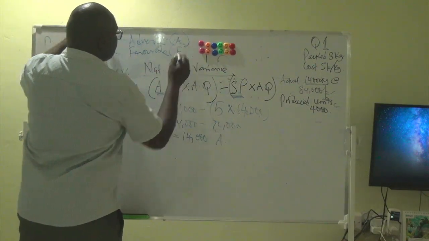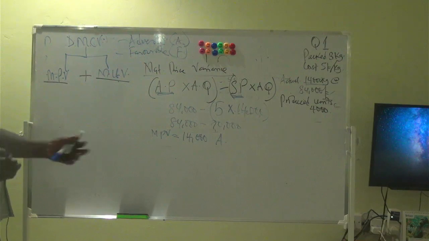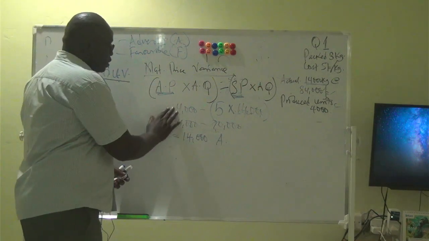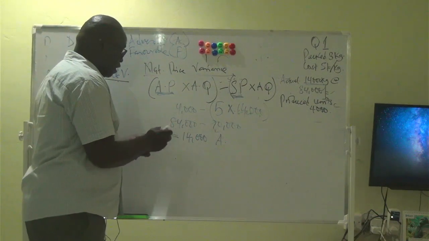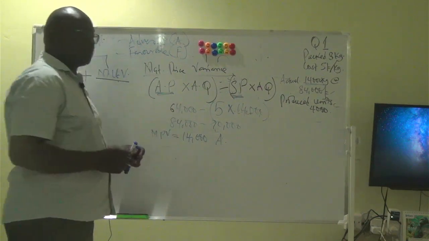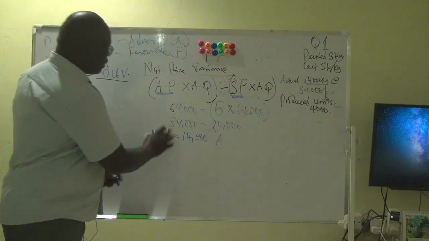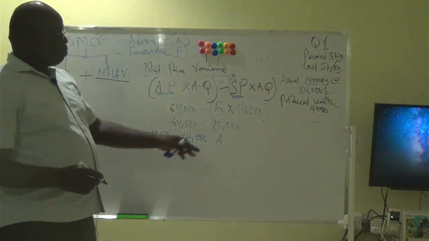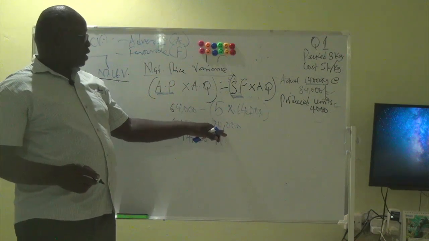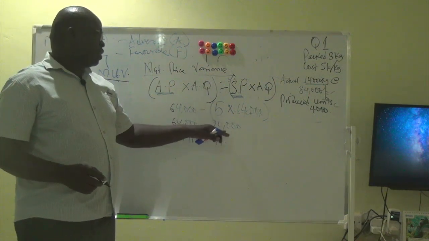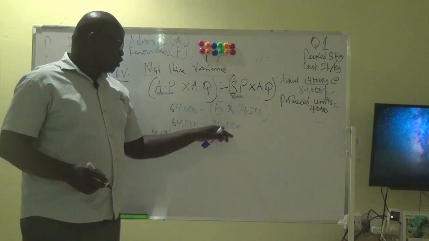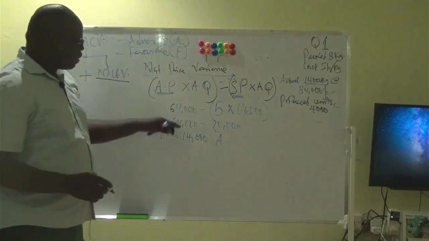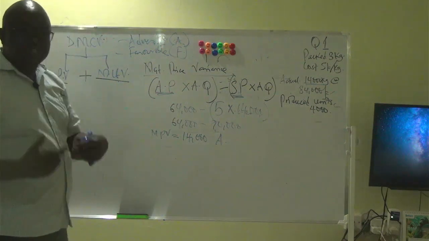A variance can either be adverse, denoted by A, or favorable, denoted by F. So how would this have been a favorable one? If we had spent 64,000 as our actual price and actual quantity, but what we had planned to spend at our standard price was 5 times 14, which is 70,000, there would be a difference of 6,000, and that 6,000 would be favorable.